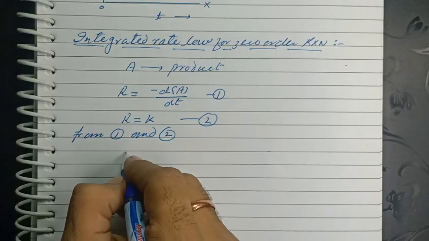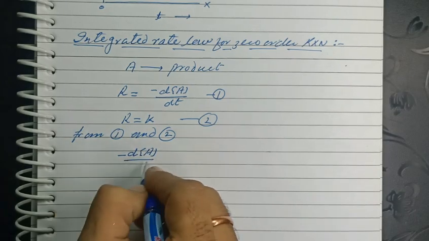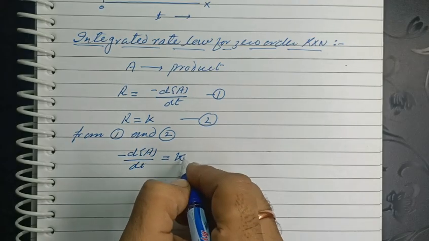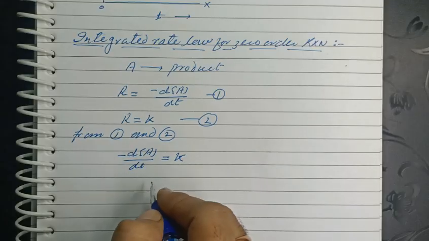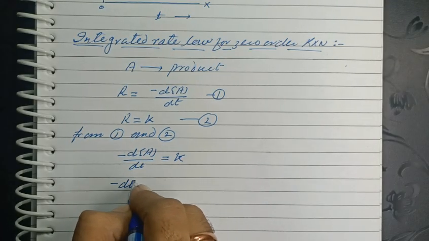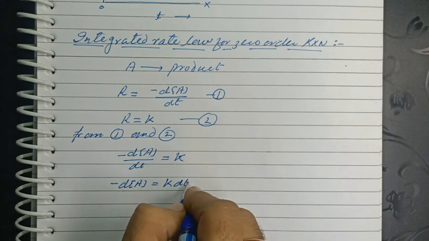From first and second, minus dA/dt is equal to K. Now taking the similar terms together, minus dA is equal to K dt.